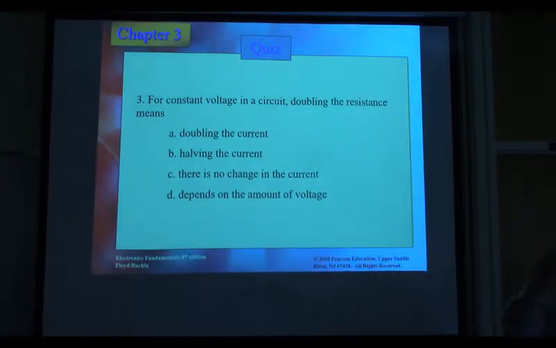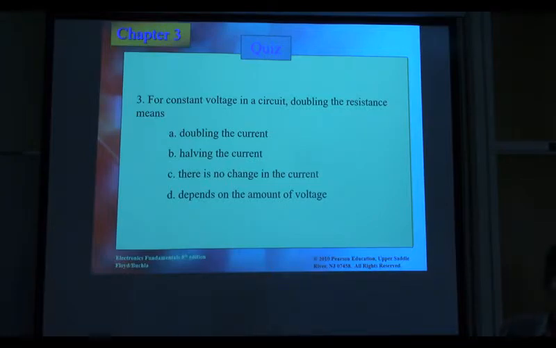So Ohm's law, current equals V over R, right? Now the V is a constant. So current equals some constant divided by R. So the current actually is inversely proportional to the R. Right? Inversely proportional.